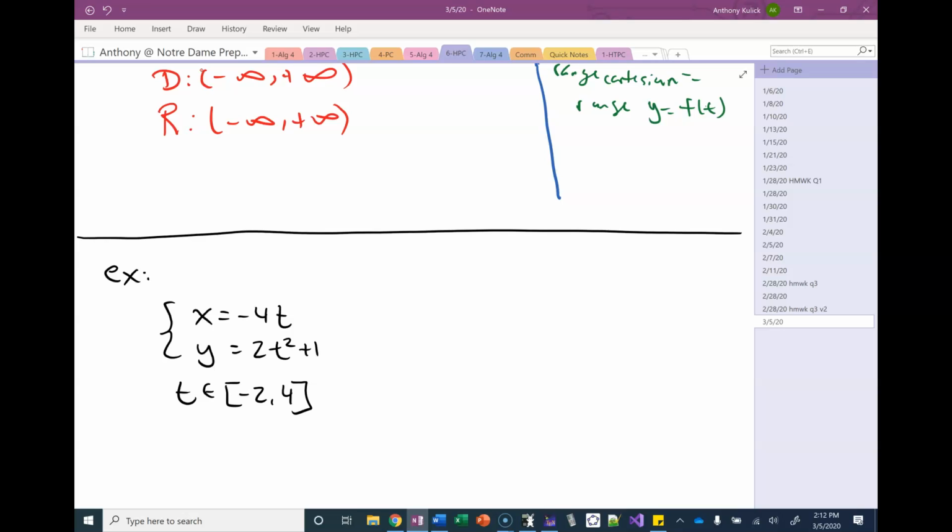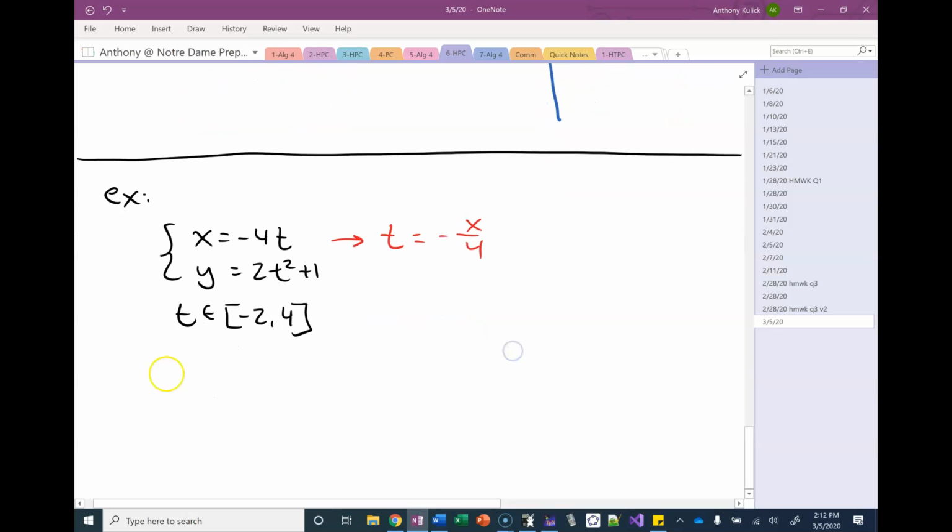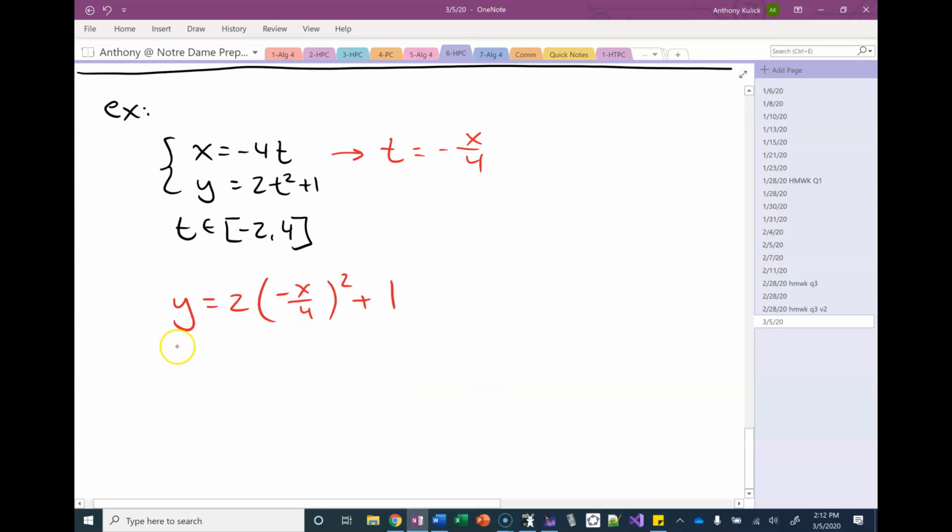So which of these two equations do you want to solve for t? The first one. Great. So when I do that, I get t is equal to negative x over 4. So when I substitute that in, I get 2 times negative x over 4 squared plus 1. How do I square a fraction?